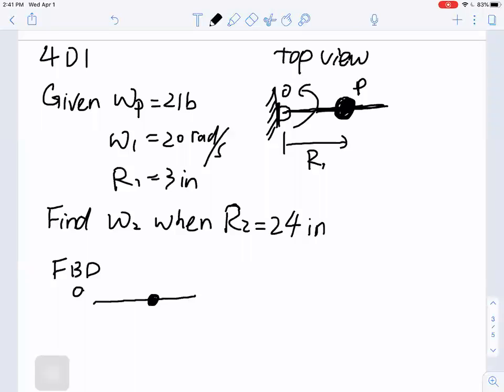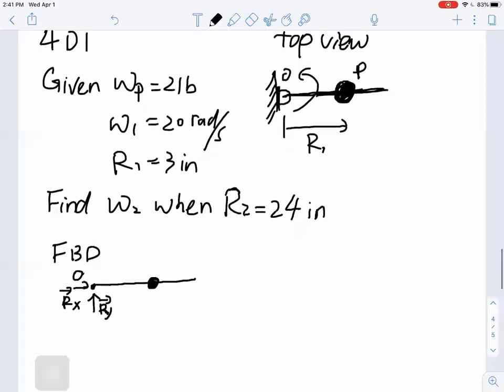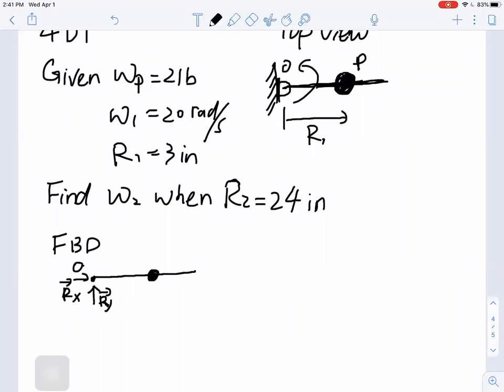So we can call that Ry and Rx, reaction forces pointing to the point O. That's all the forces you can find on our free body diagram.